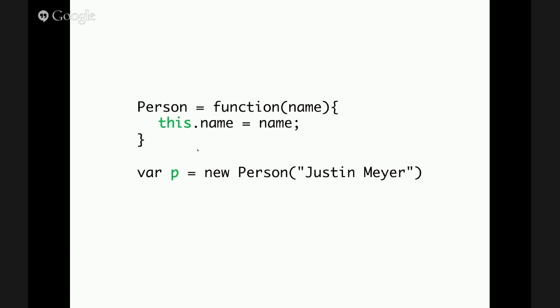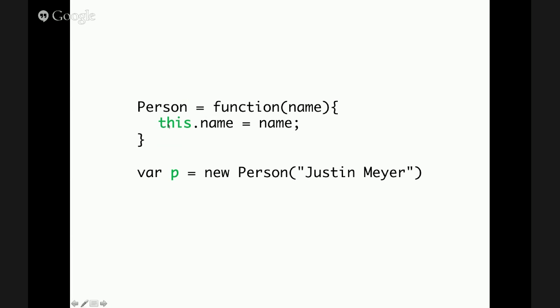So another one is I create another function in memory. And again, whenever you see a capital function, that isn't actually any different than a normal function. It's just by convention, people use capital letters with functions that are intended to be called with the new operator.